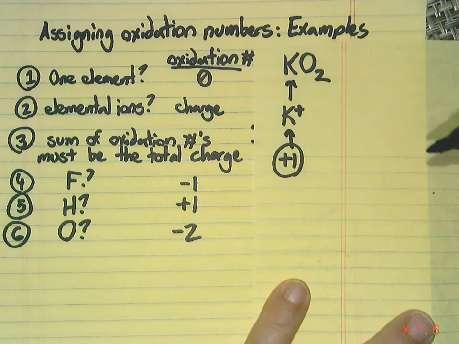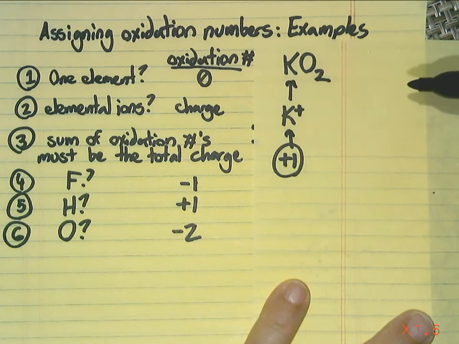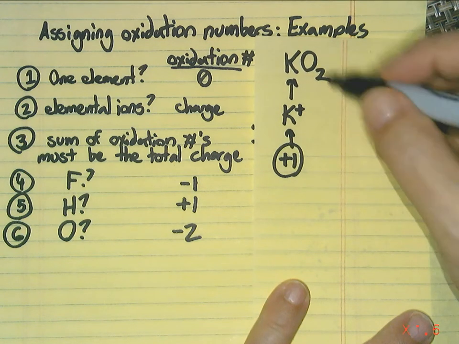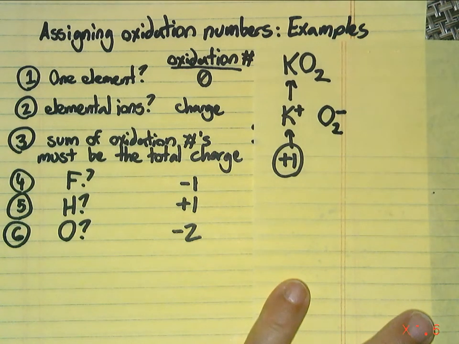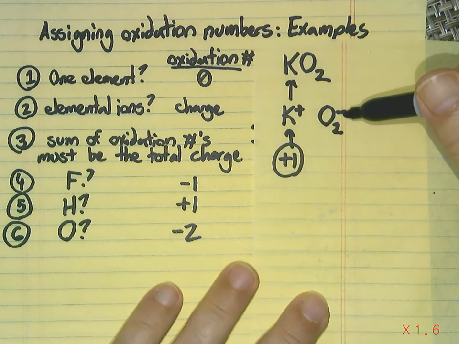Now, if I look at the rest of it, what does the charge on the rest of it have to be to make the whole thing electrically neutral? Well, if this was a +1, the rest of it altogether has to have a -1 charge. So I've got this thing here. Now that is not 2 oxide ions stuck together. That is not 2 O-2s. Let's go on and see what we get.